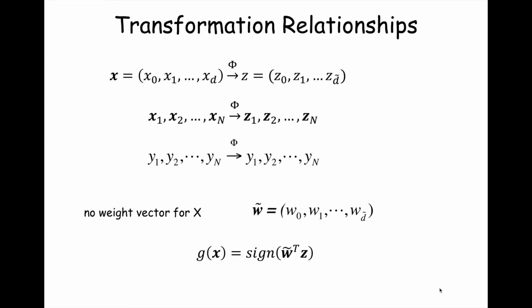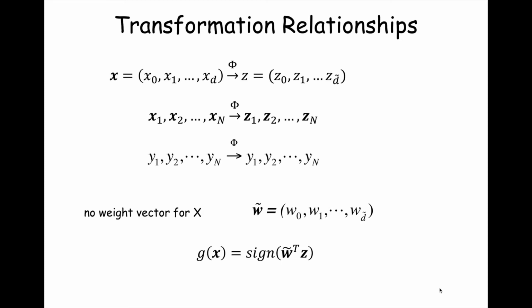Now, we also have this z vector, and so each x vector in d plus 1 dimensions, as a result of applying this phi function, our nonlinear transformation, you get some new dimensionality. Now, the dimensionality of each respective point that's mapped through the phi function from the original x input representation is going to have d tilde many dimensions.